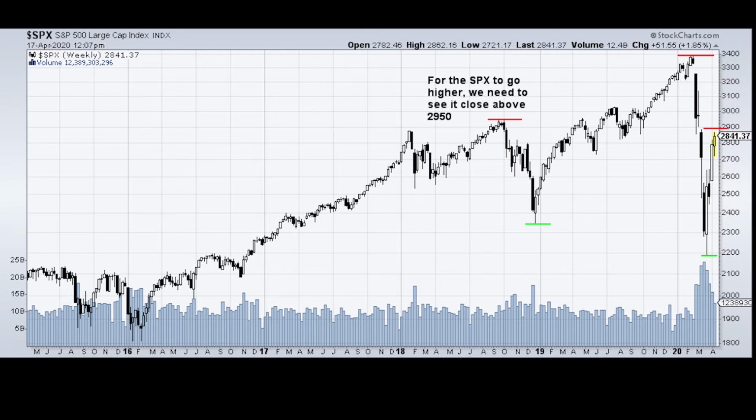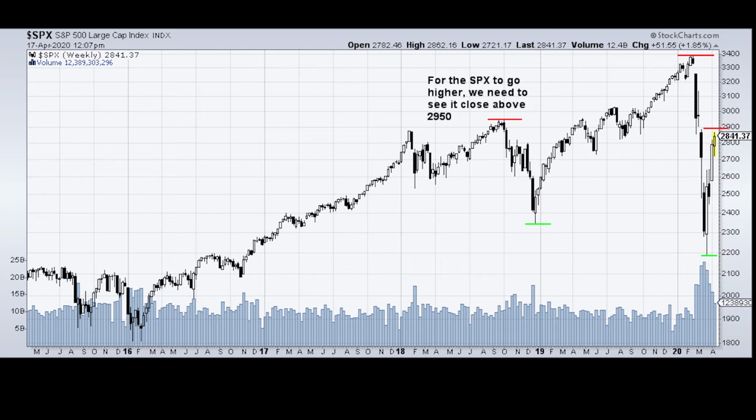So I look at this as a head and shoulders move. The left shoulder is the November 2018 top, and then the sell-off, and then the head is the February 2020 top, and then a move down further below the 2018 bottoming, and then a move up to now we're pressing up against 2,900 or so on the S&P 500 as of this recording.